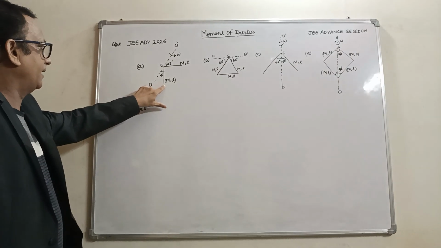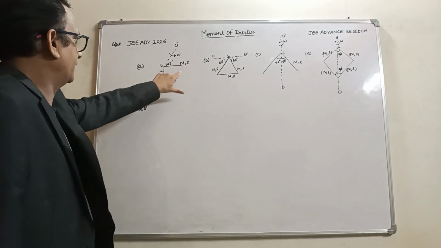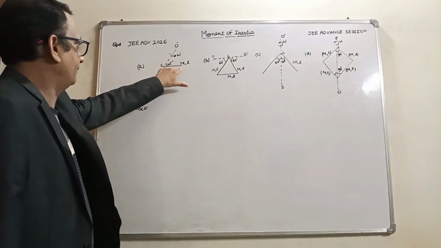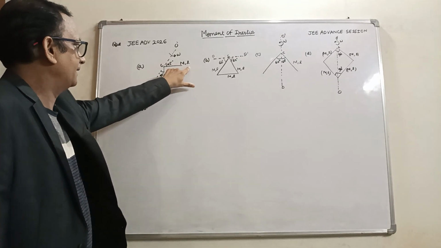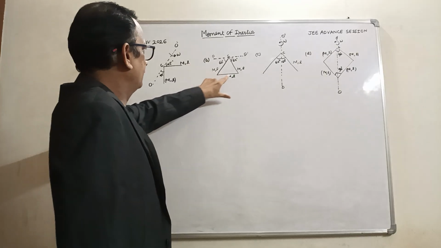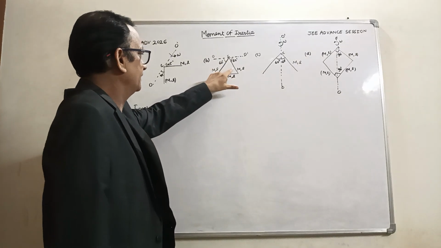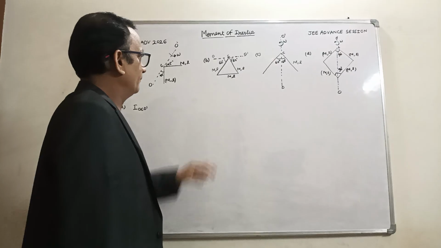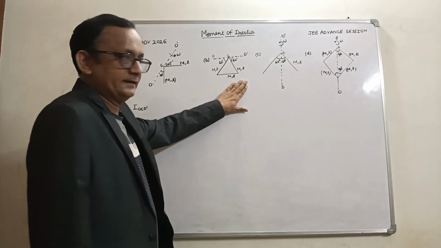दिया हुआ है कि m mass और l length की रॉड है। This rod having mass m and length l, and here three rods are in this configuration, each rod having mass m and length l.